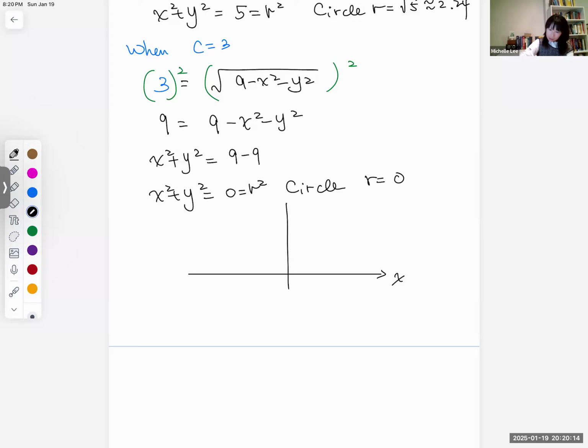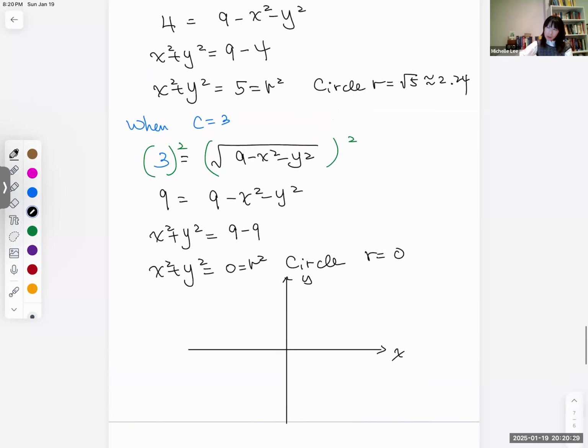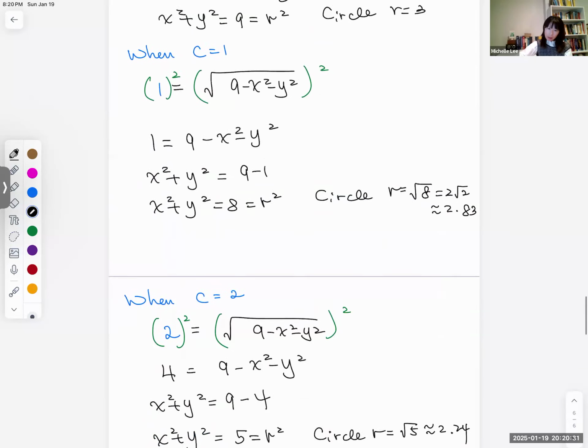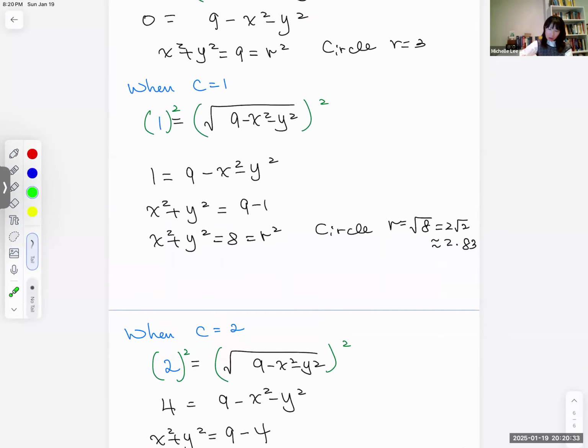X, Y. When c equal to 1, we get 2.83, right?